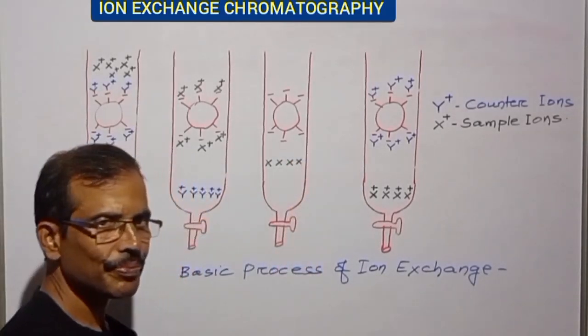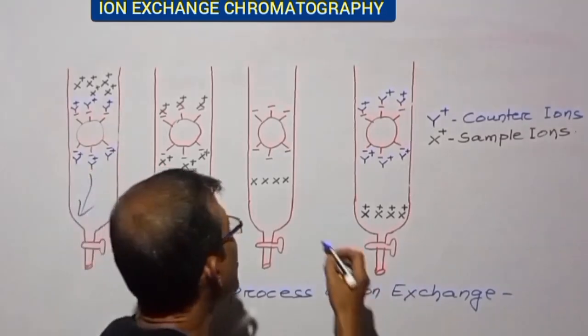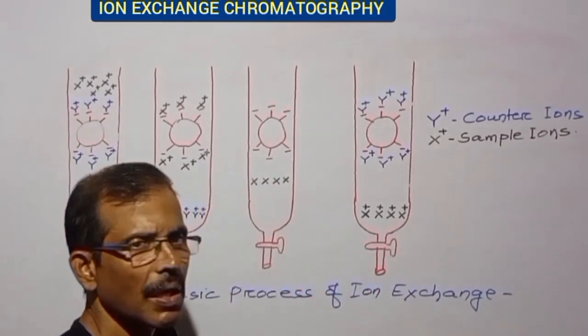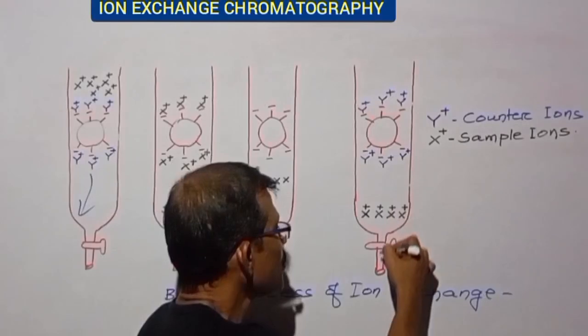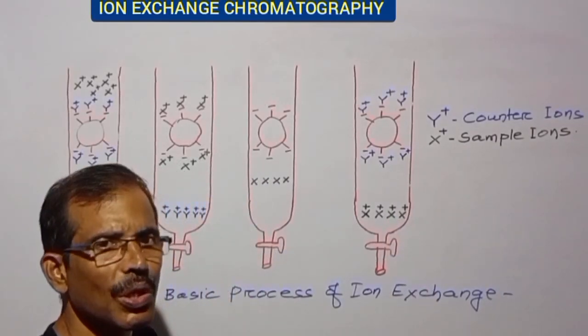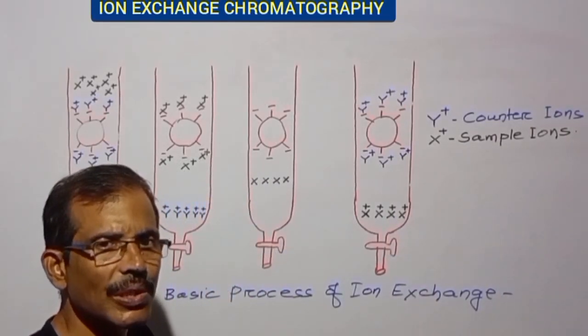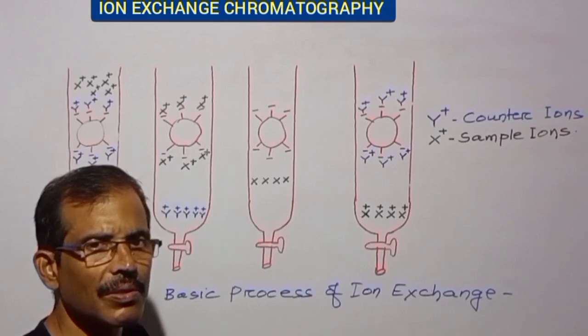and after that, they will easily come out of the column. The charged compound X+ can also be eluted out of the column by using a solution having greater concentration of counter ions X+.